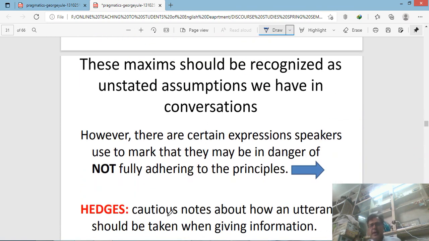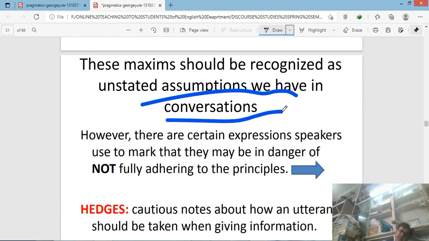All right. These maxims should be recognized as unstated assumptions we have in conversation. However, human conversation is so complicated that no single theory can be accurately applied to human speech.